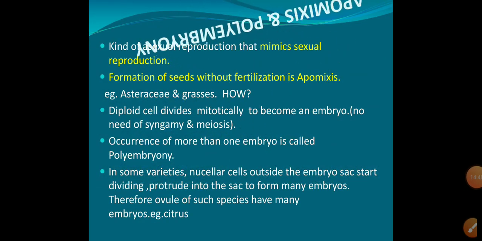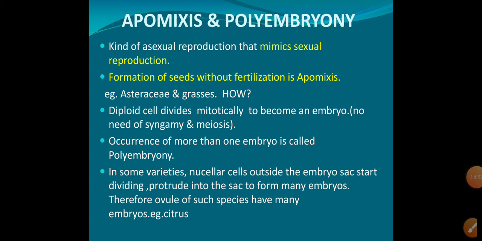So the next property we are going to see is about apomixis and polyembryony. First we'll see about apomixis. It's a very important property. It's a kind of asexual reproduction that mimics sexual reproduction. So it is not sexual reproduction, it is going to mimic or resemble a kind of sexual reproduction.